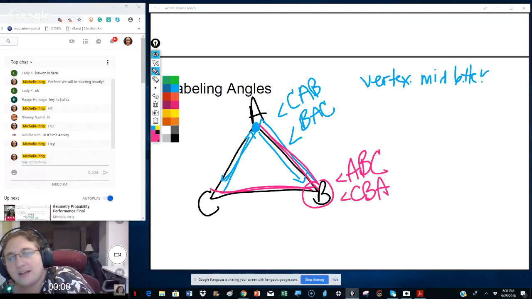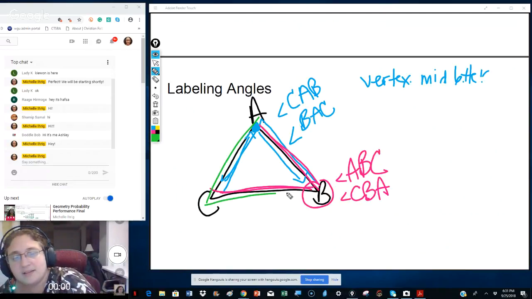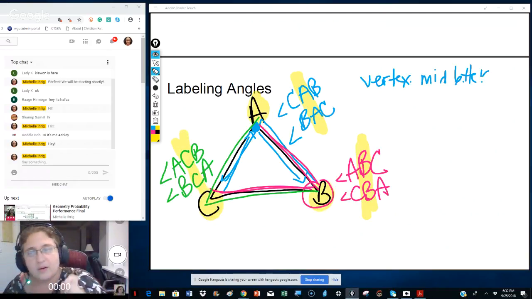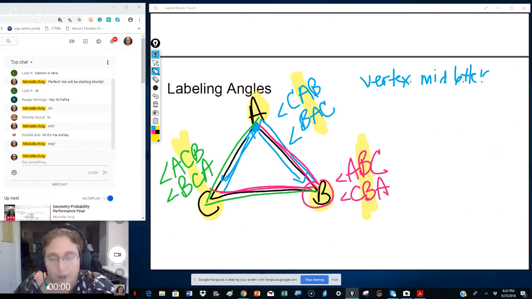Lastly, I could do A, C, B, or I could do angle B, C, A. The most important thing when we label is to make sure that our middle letter matches the angle or the point that we're talking about. And as long as we do that, we are good to go.